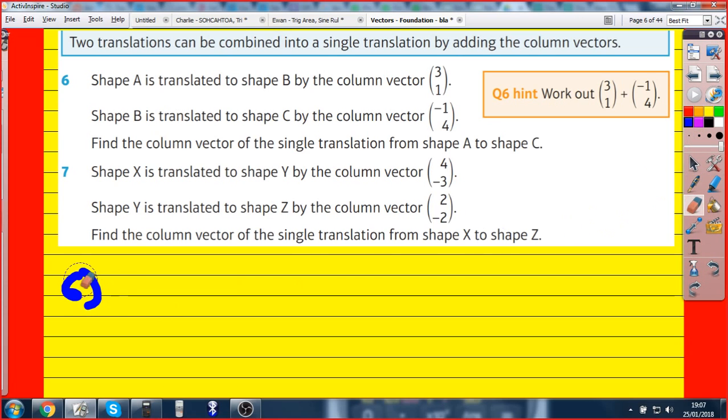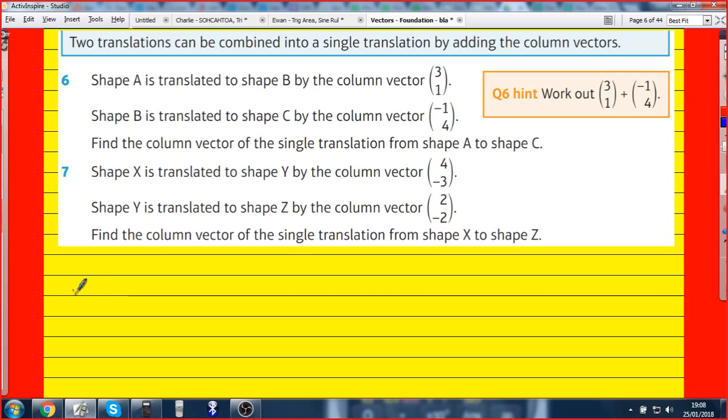Do you just do the outline of that where it hits the top of the shape? You shouldn't need to. So A to B is 3, 1. And B to C is -1, 4. So we're trying to find A to C.